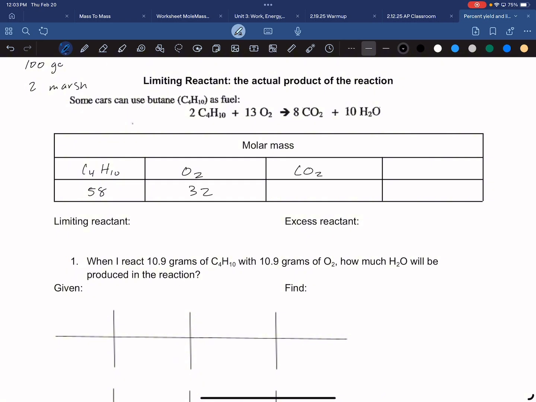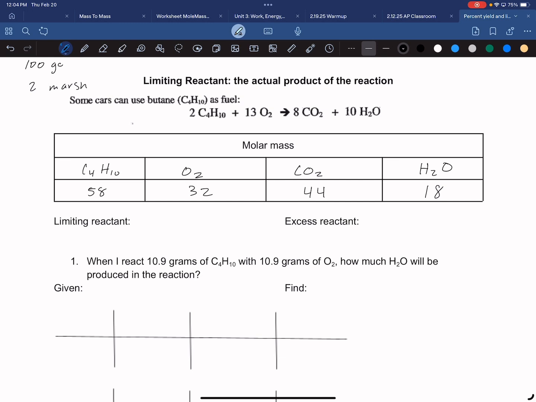CO2? 44. Awesome, she got it memorized. And then H2O? 18, yes. So these are the molar masses. And on your test, you're going to have to be able to find molar mass very quickly because you've got other things to do. So if you're not proficient in this, it is something to practice.